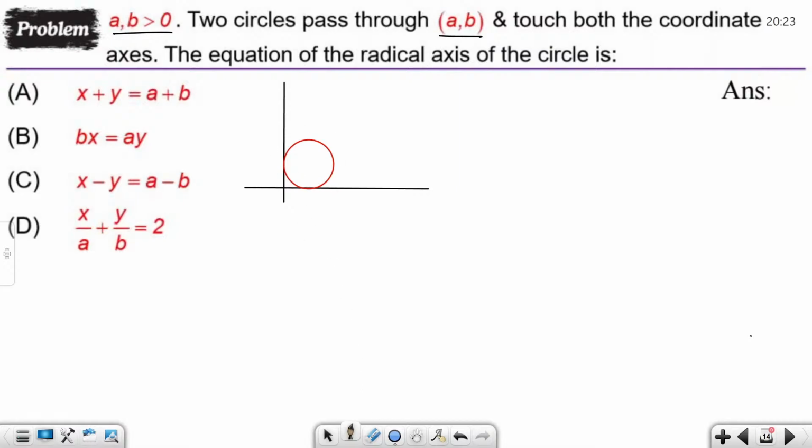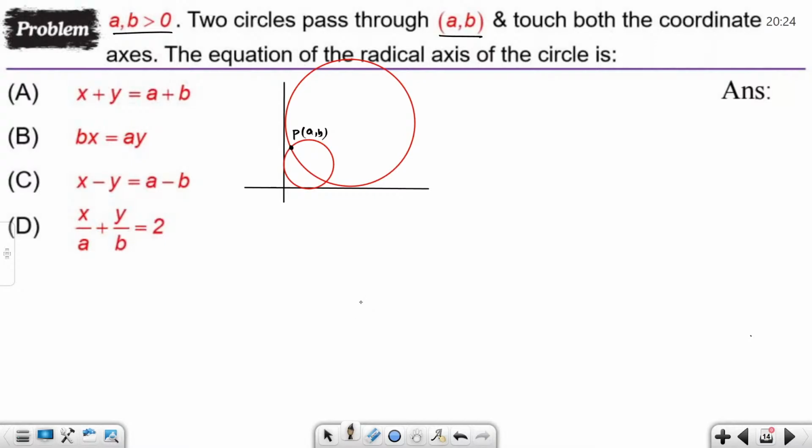There is another circle also, which is also touching both these axes. It is something like this. And let us say both the circles are passing through this point (a, b). Let me denote this point by P.